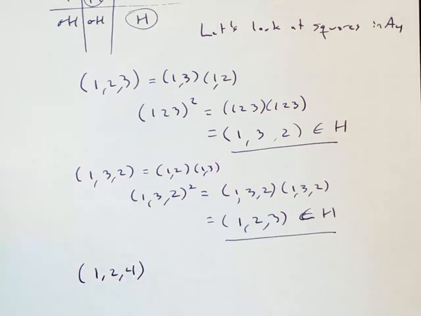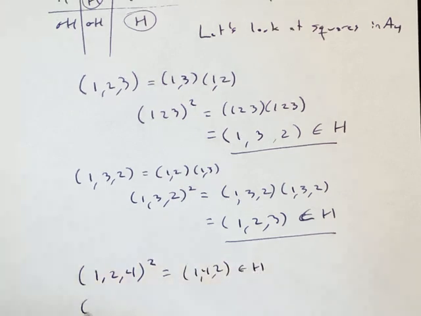Which again is 2 transpositions. (1 4 2). That's even. What do I get when I square that? Exactly. So this is in H. And if I take (1 4 2) and I square it, I get (1 2 4).